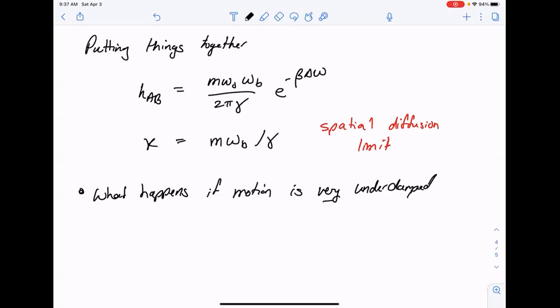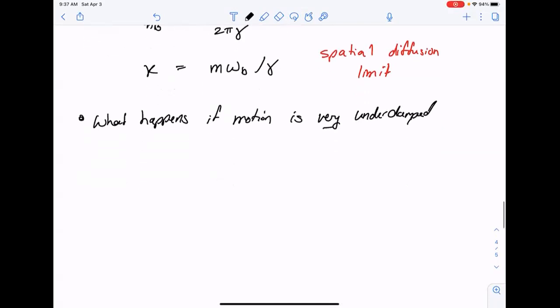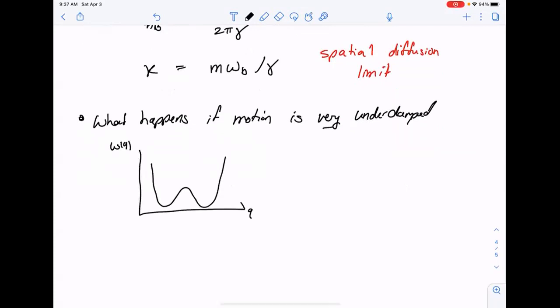Remember, damping really refers to the ability of the bath to take energy out of the system. So to overcome the barrier here, the system has to fluctuate to the top of the barrier.